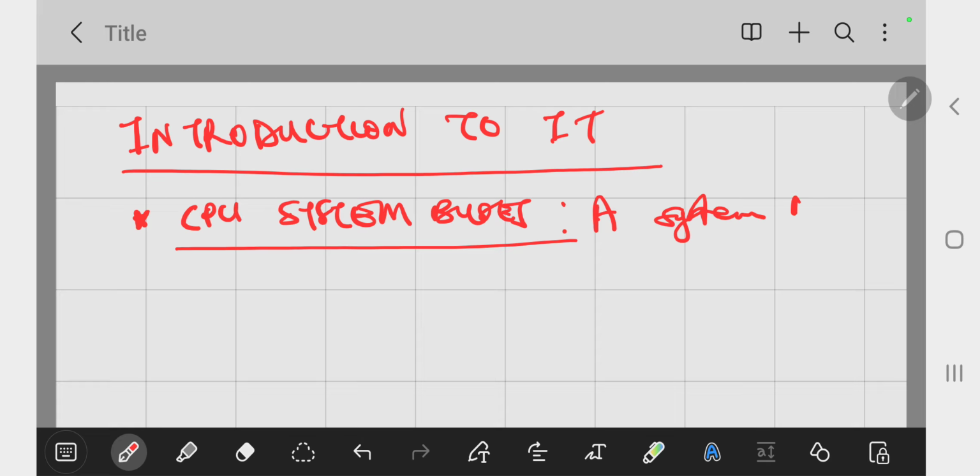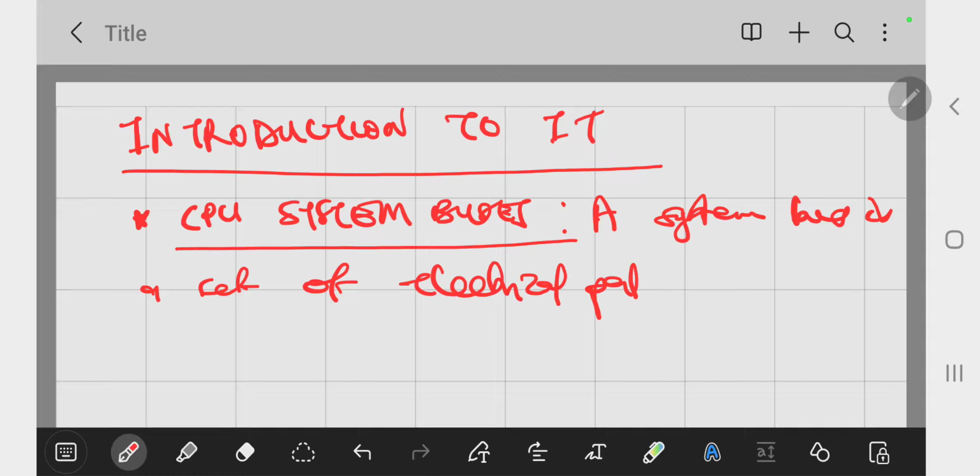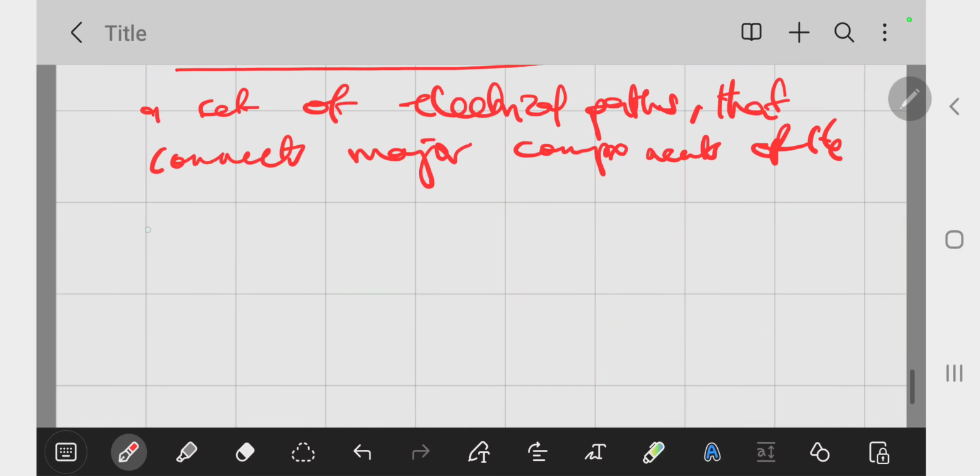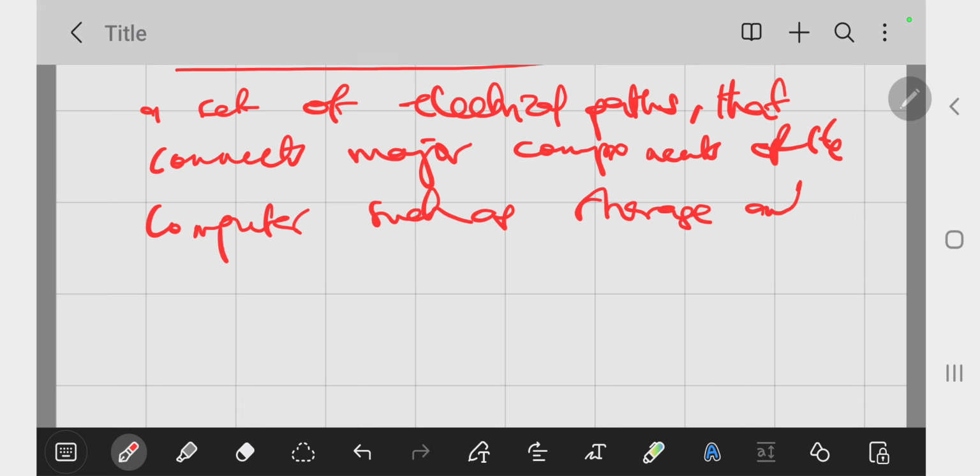A system bus is a set of electrical paths that connect major components of the computer, such as storage and input/output devices.